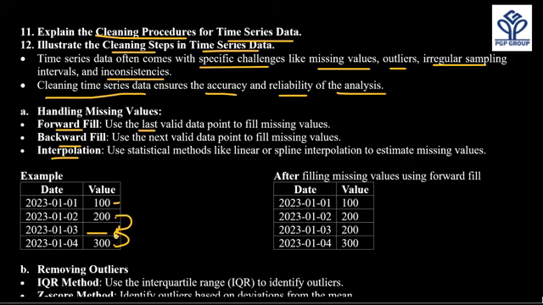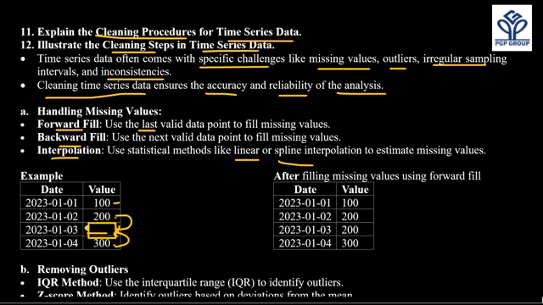Then the next one is interpolation. Interpolation is a statistical method. There are two different types of interpolation: one is linear, and the second is spline. You can use any of these interpolation methods to fill the data.